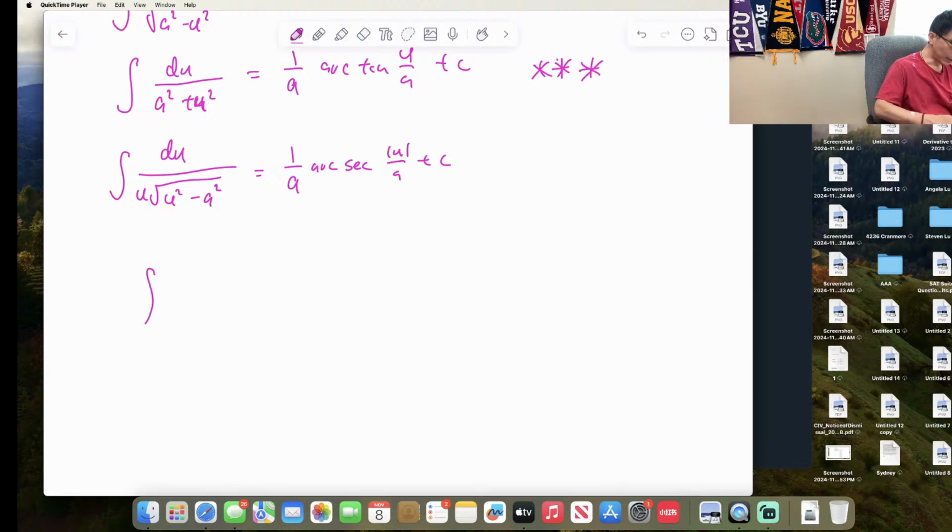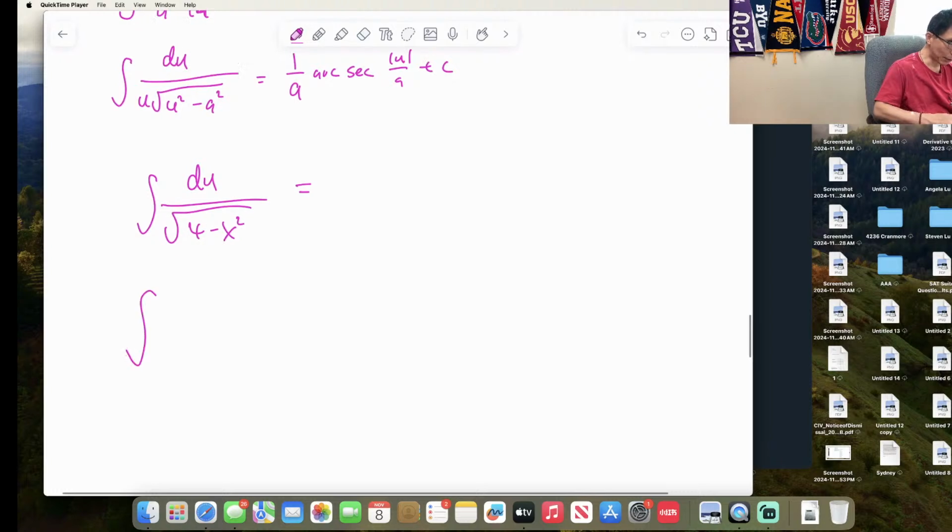So let's try dx over square root of 4 minus x squared. Now, nobody's going to make mistake on this one. I think a lot of people are going to make mistake on the second one, however. So this is, hold on, a dx on the top. My bad.